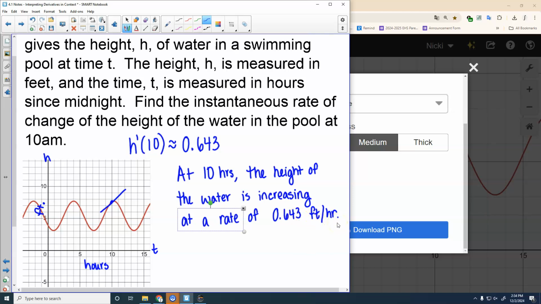If you say it's increasing, that is better because that's more specific. What you cannot do is, if you have a negative rate, say it's decreasing at that negative rate. That is incorrect because the decreasing and the negative cancel each other out, and then it's no longer a correct statement. So be careful with those.